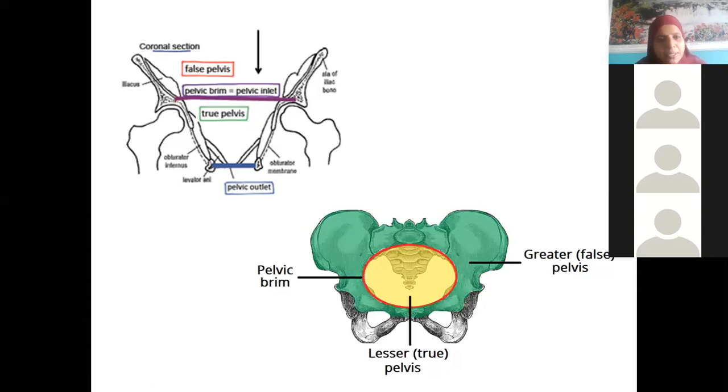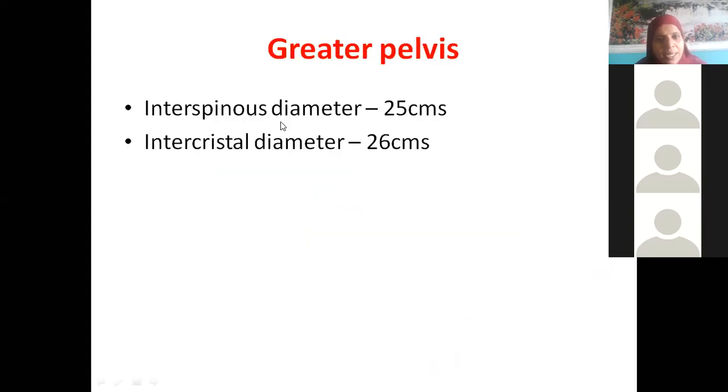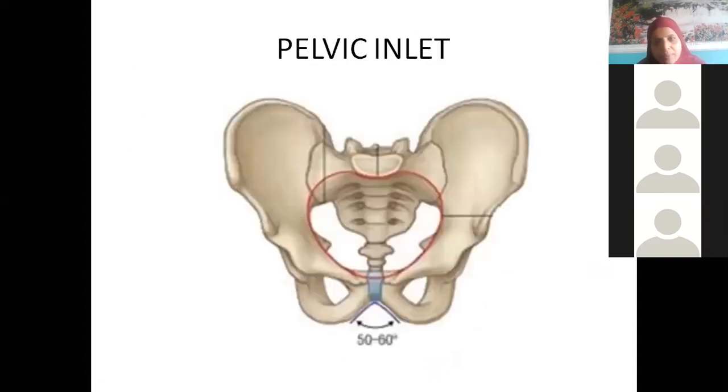Now we will see certain diameters. What are these? First of all, interspinous diameter. What is this interspinous diameter? You remember I told you this is the spine, ischial spine.